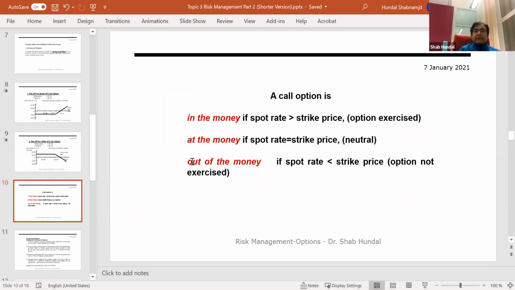Out of the money is when the future spot price, the market price, is below the strike price. And then you don't exercise the option. It's not a good thing for the buyer of the call option, but it's definitely good for the seller of the call option, because he would be getting the premium, which he will not refund to you. And that is the only gain the seller of the call option has.